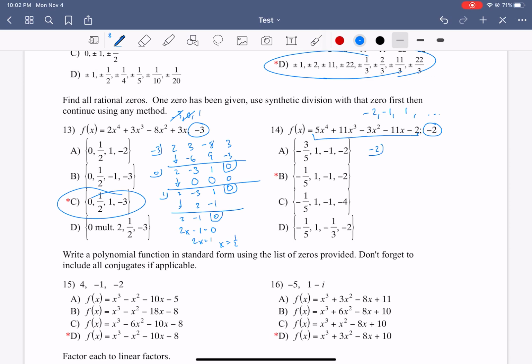So let's start off the synthetic division. We have 5, 11, negative 3, negative 11, negative 2. We copy down the 5, and we just go through this process again. All right. Try the next one that we could clearly see from the graph.